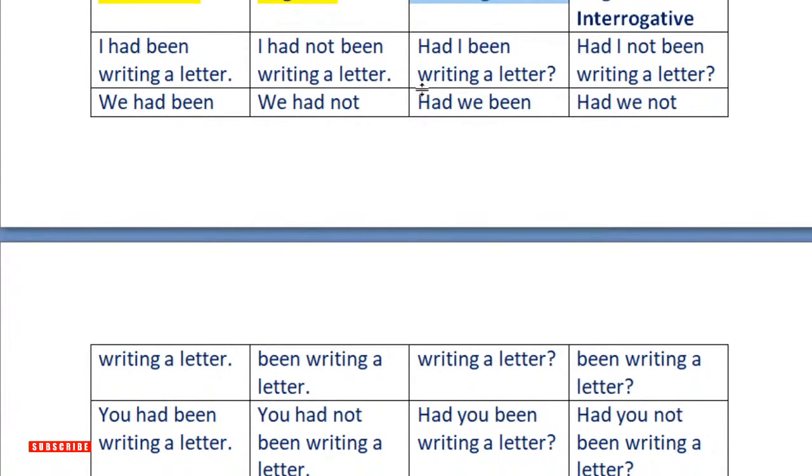Then see the examples. I had been writing a letter. Its negative is I had not been writing a letter. Had I been writing a letter, it's interrogative. Then had I not been writing a letter is negative interrogative.